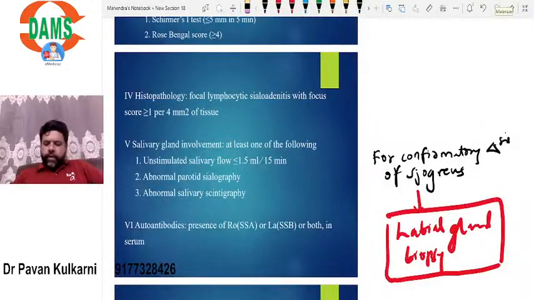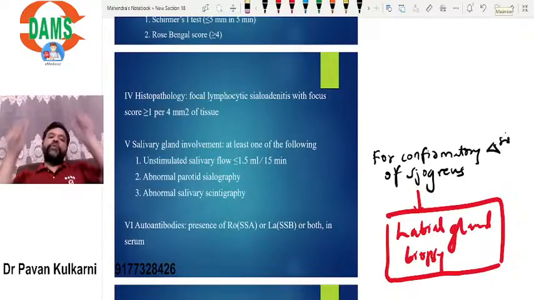The labial gland biopsy, that is the lower lip, is usually considered as the site from where the biopsy is done. And in this biopsy, you will check how many foci of lymphocytes are there per 4 mm square area.